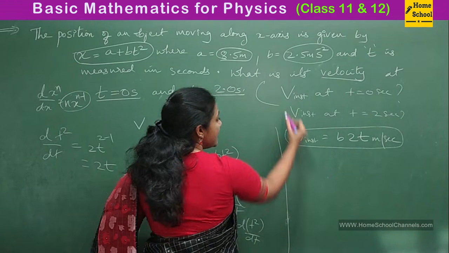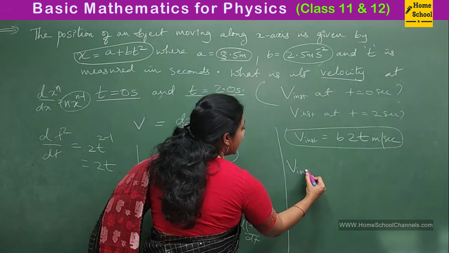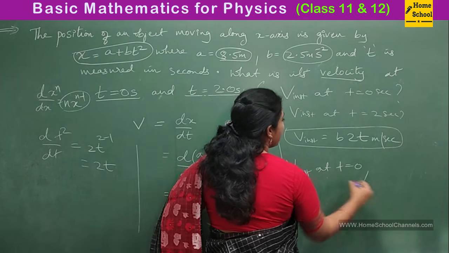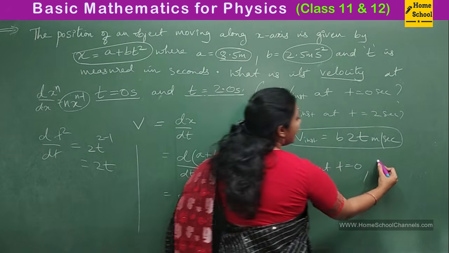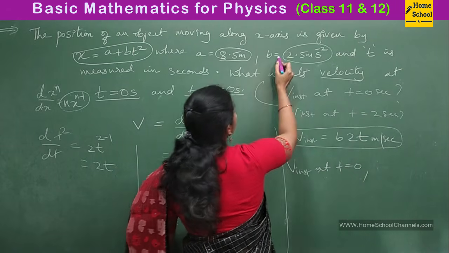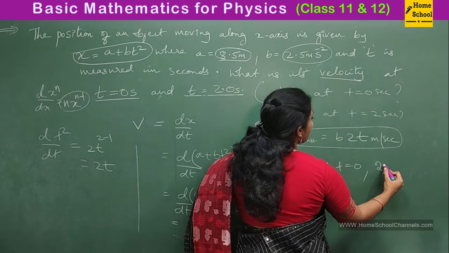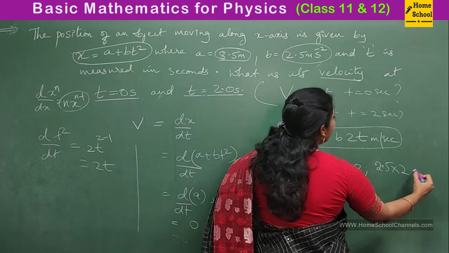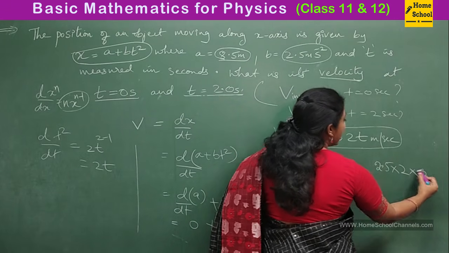Now let us find the instantaneous velocity at t is equal to 0. So substitute the t value here. The b value is given, that is 2.5, into 2 into time, which is 0.